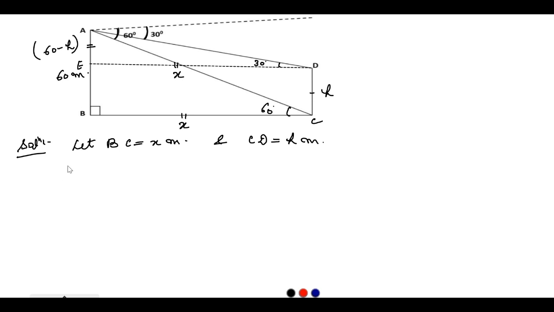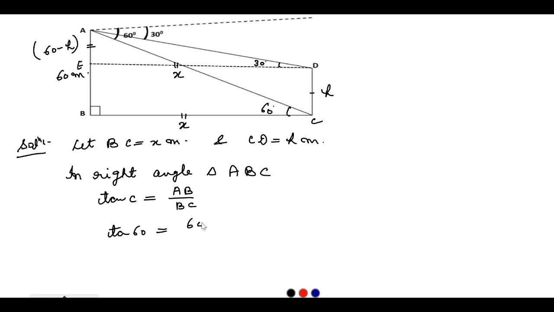Now, first of all, we are considering the right angle triangle ABC. Tan theta will be equal to perpendicular upon base, means AB upon BC.